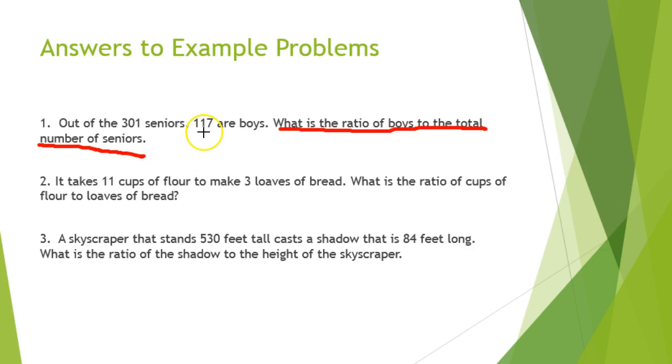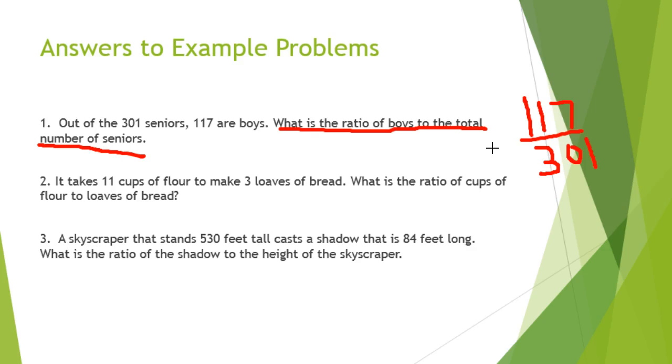So if I look at my boys, I have 117 boys. Now if I look at my seniors, I see that I have 301 seniors. So my ratio for number 1 would be 117/301.